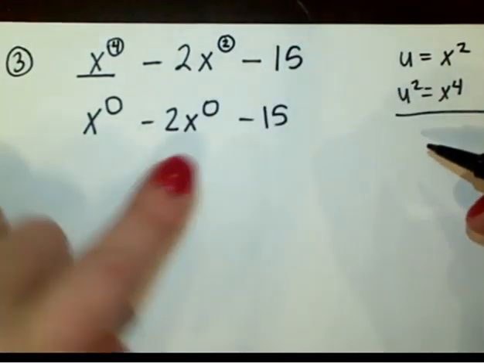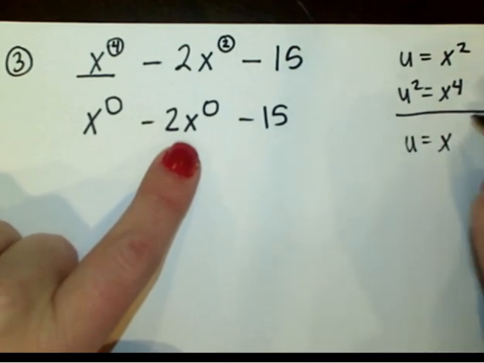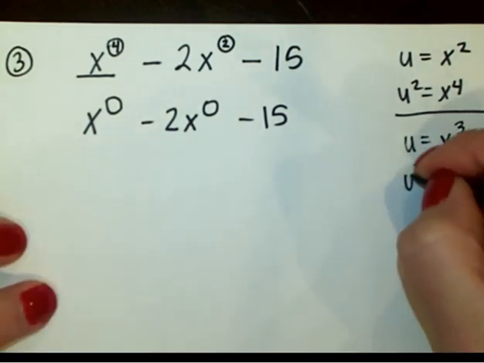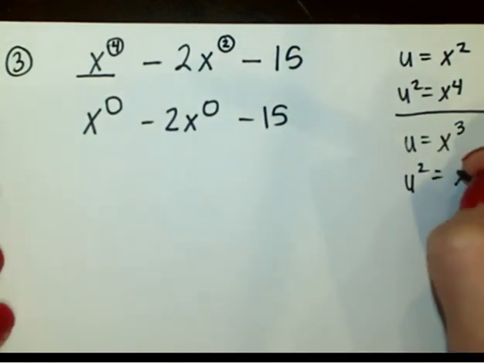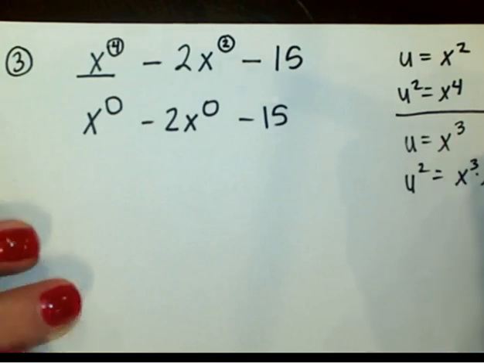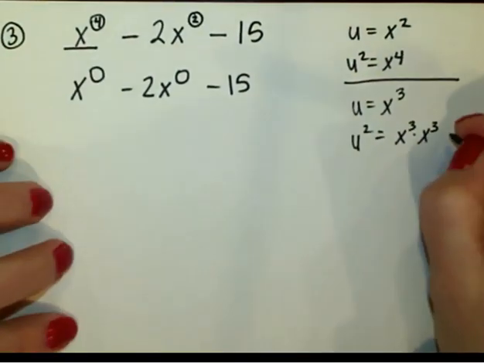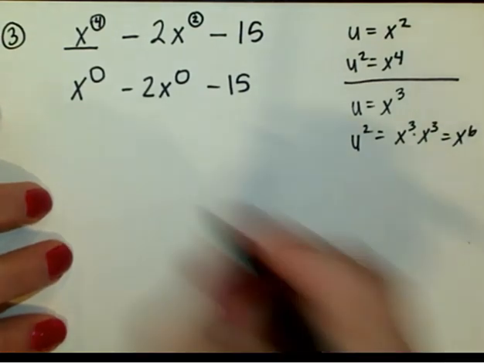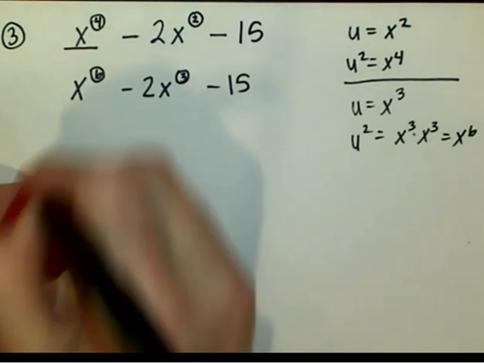Okay, what would you start with? Let's try upping the degree to 3. Okay, be careful. Make sure you square correctly. Okay. x cubed times x cubed, x to the 6th. Okay, let's try again.